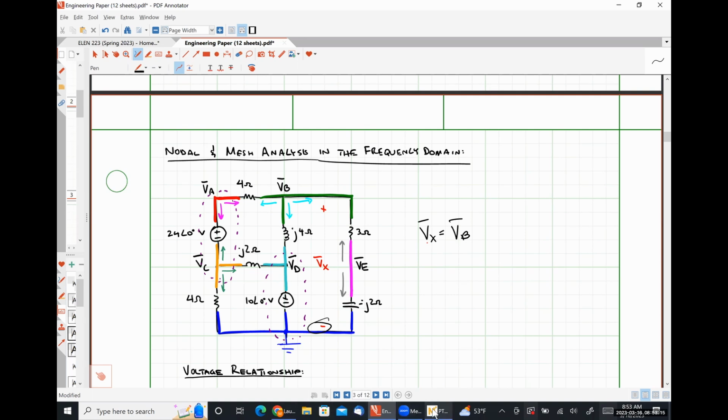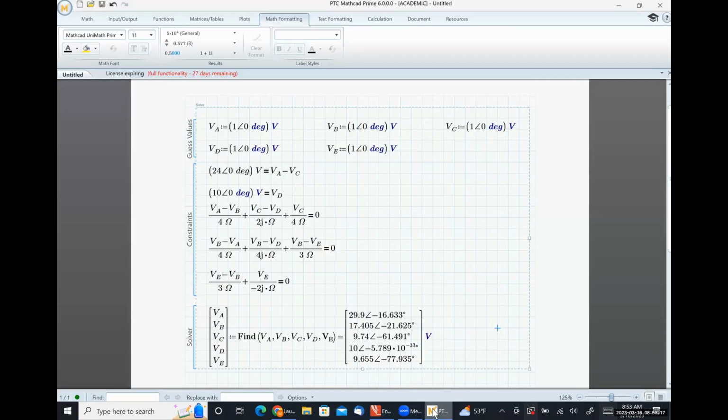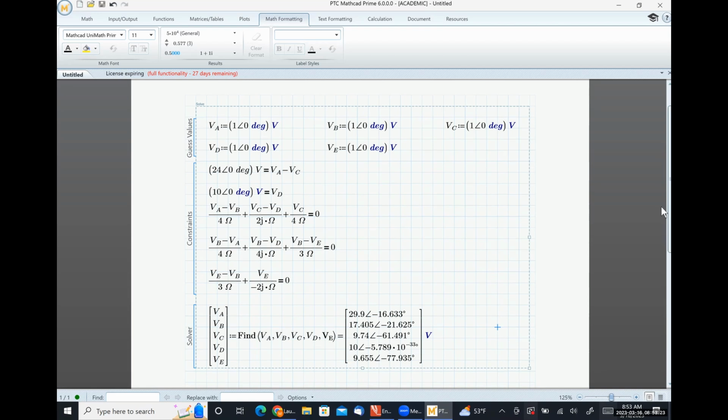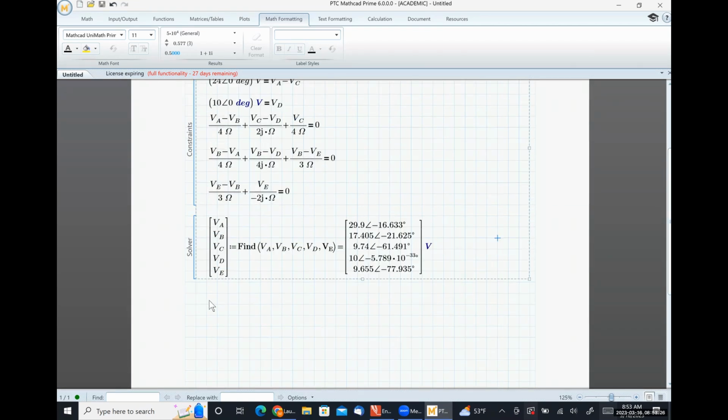So Vx is exactly equal to VB. So we can go in our MathCAD sheet. We could literally look and just say, well, VB is 17.405. Or because I am this lazy, I will come in here and I will say Vx is equal to VB, and then it gives me the answer in rectangular form, which I don't like. So I make it spit it out in polar form so that there's no ambiguity.